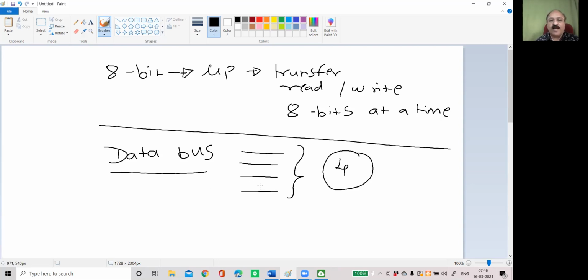But with this, if we want to read 8 bits, there will be 2 cycles to be executed by the microprocessor. This will increase the time and reduce the speed. What is the solution for this? Obviously, the solution is to increase this width.